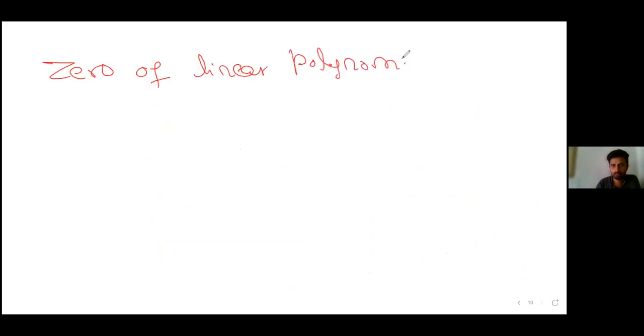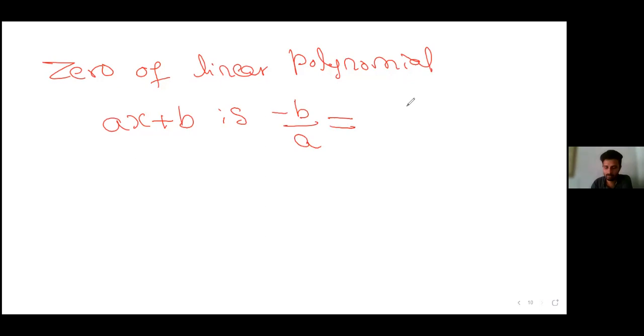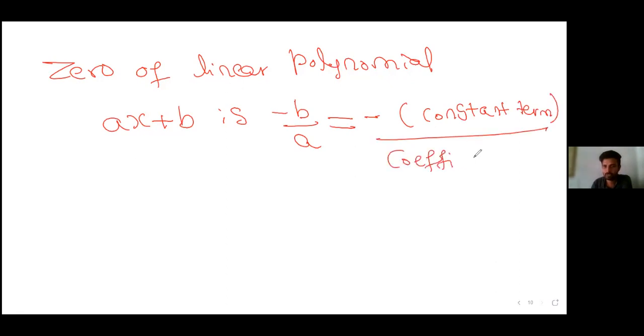Also, the general form of a linear polynomial, this is the general form of a linear polynomial, right? So the zero is minus b by a, that is, minus of the constant term divided by the coefficient of x.